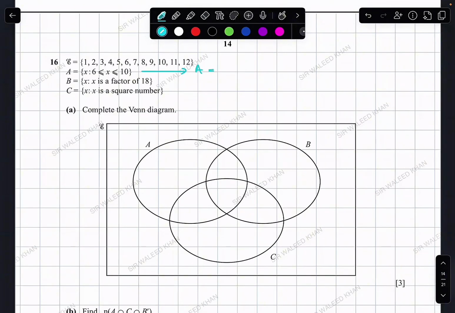So according to this, they are saying X is such that X is between the values 6 and 10. X is greater than or equal to, that means 6 is included, 6, 7, 8, 9, 10.